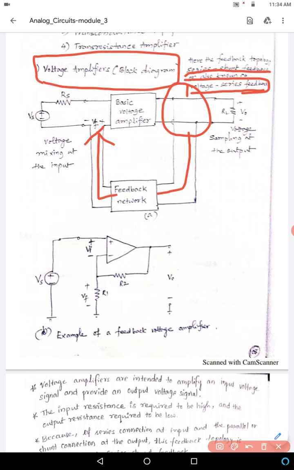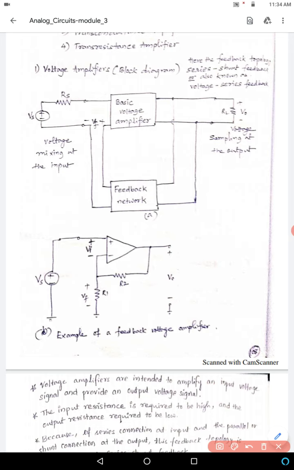This is your block diagram, and the source voltage Vs is provided with the help of the source resistance Rs as an input to the voltage amplifier, and we are measuring the output across the load RL. Here this is the output voltage and this is your load resistance, and across the output voltage we are taking the feedback as a voltage.